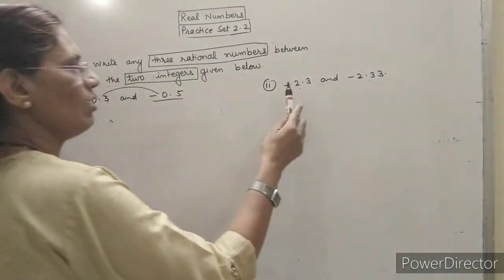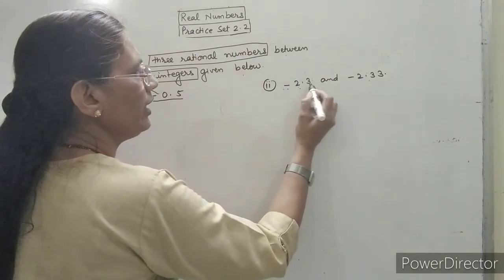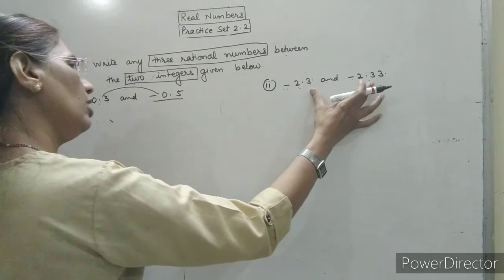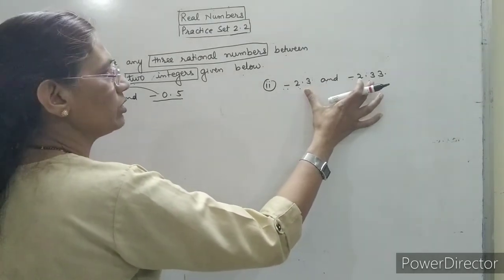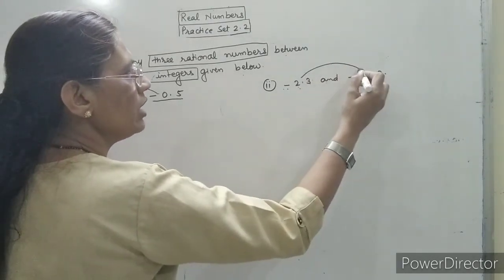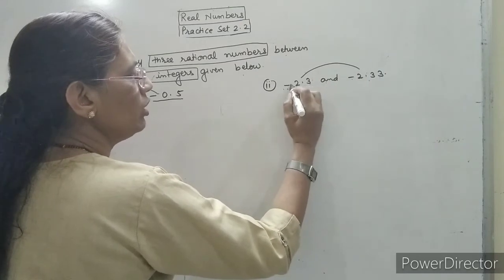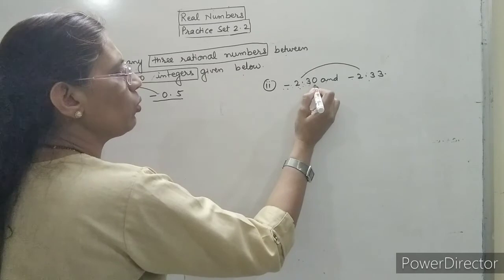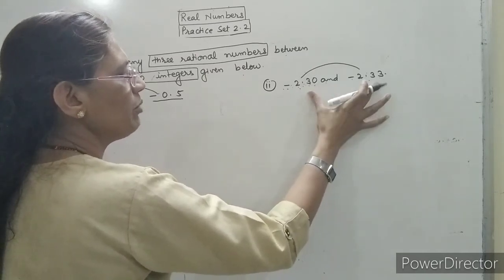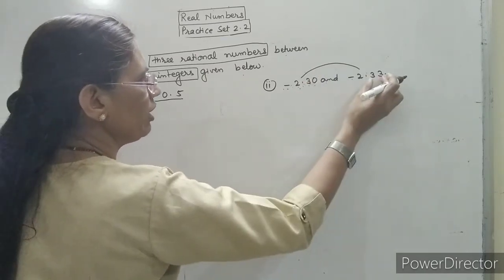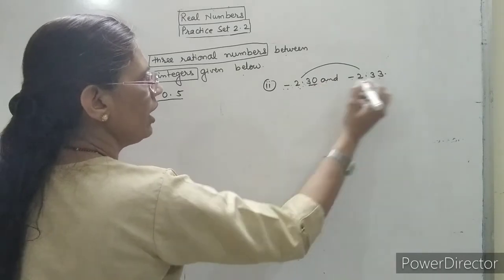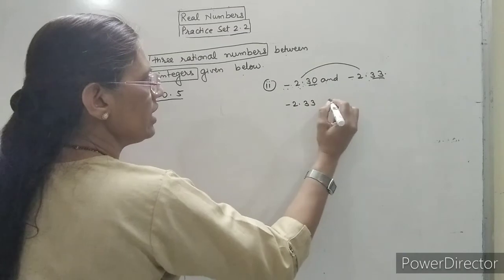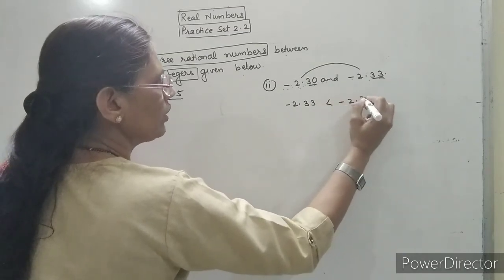Let us solve this example. Negative 2.3 and negative 2.33. We have to write three rational numbers between these two numbers. Now again compare this. If you compare, see here negative 2.3, it is negative 2.30. Now we can compare easily because there are 2 digits after the decimal point here, and here also 2 digits after the decimal point, and we can write negative 2.33 is less than negative 2.30.